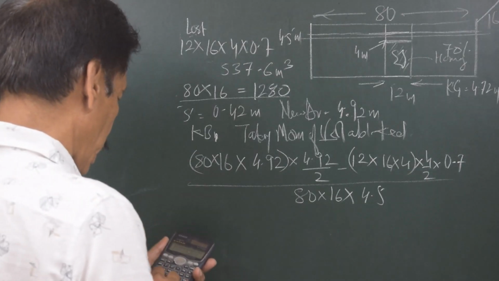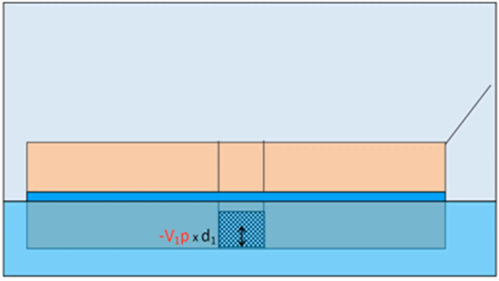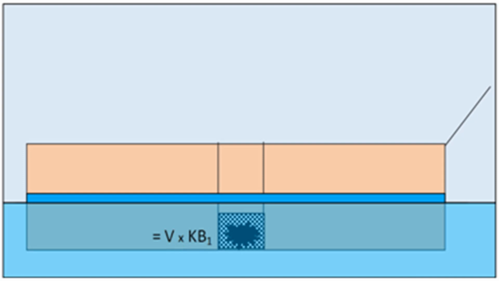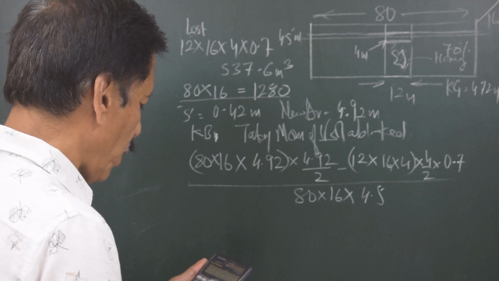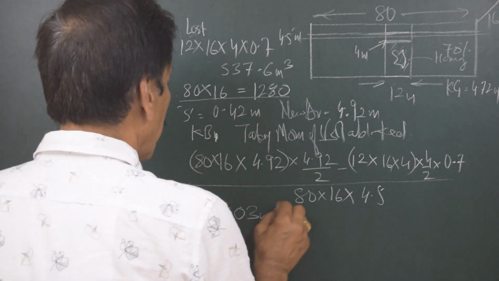So it is 80 into 16 into 4.92 into 4.92 equals, divided by 2, minus, in the bracket, 12 into 16 into 4.7, bracket closes, equals, divided by, gives me 2.503. 2.503 meters is the KB1.